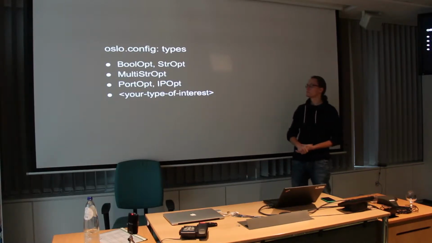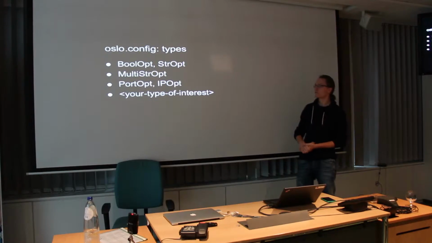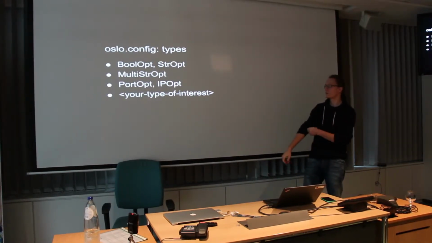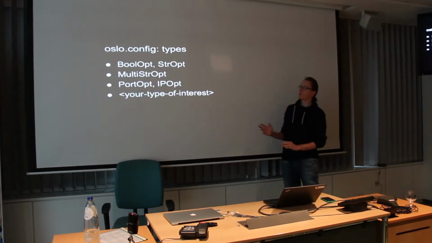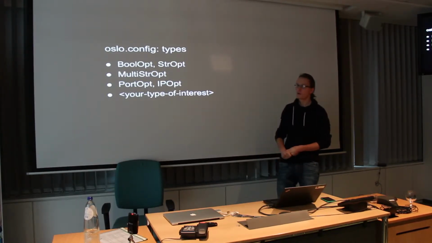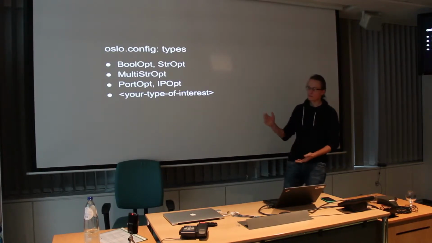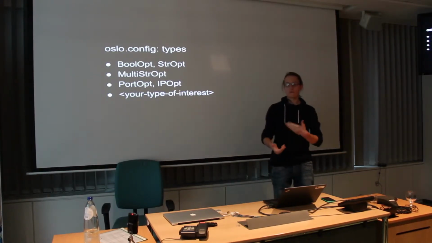We have some more elaborate ones like multi-string option, which we'll look at a bit later. We have some very useful and very specific ones like port option, which would be a valid port number, or IP option, which should be a valid IP address.